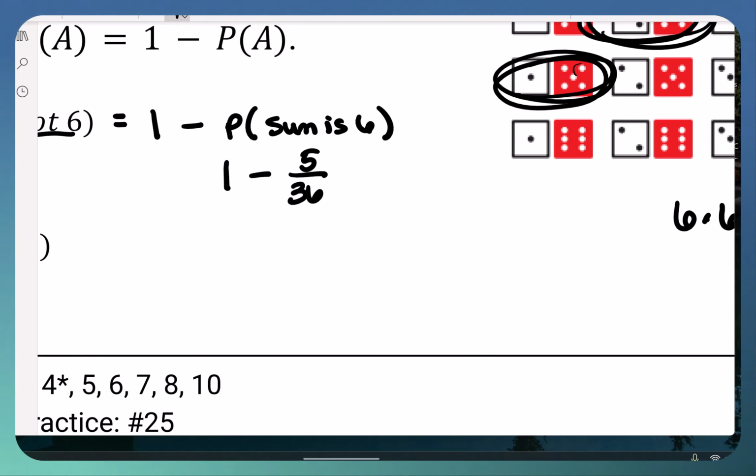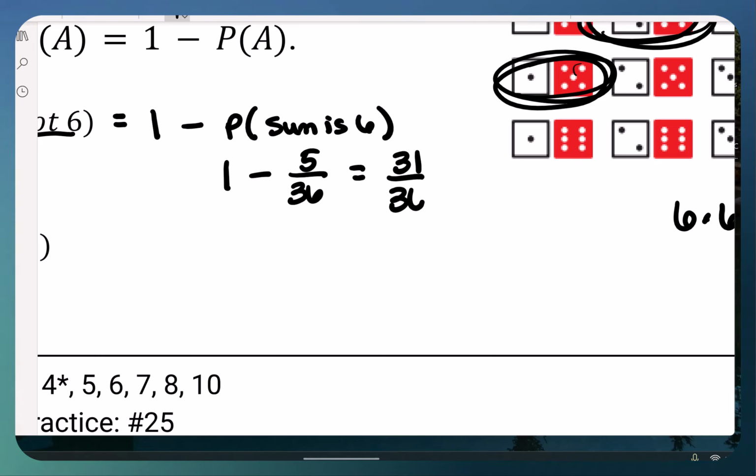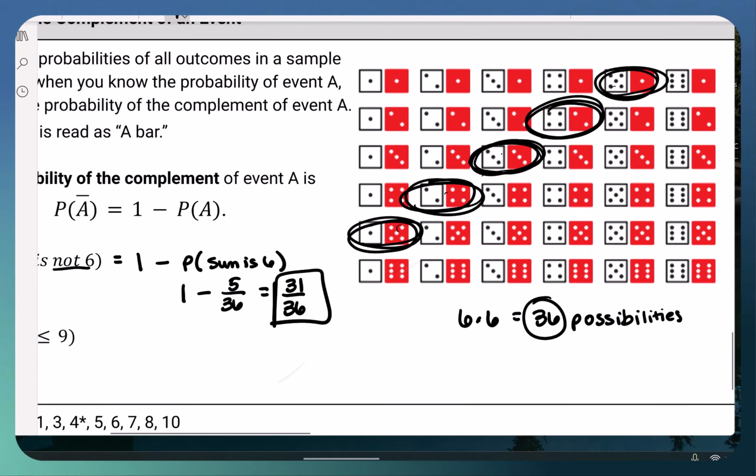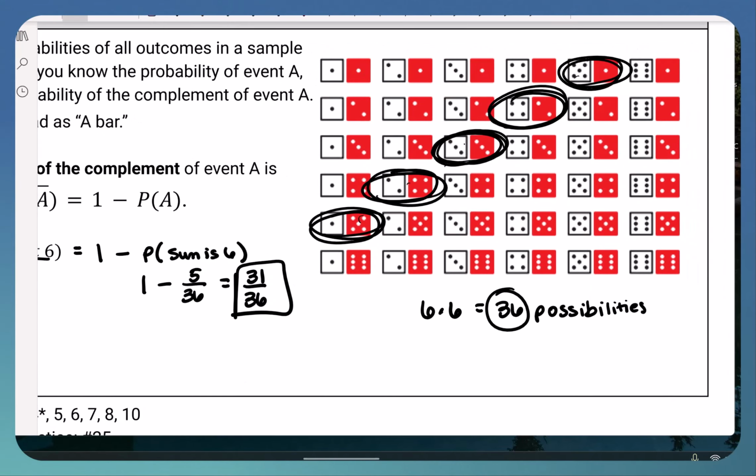So what's 1 minus that? So if 5 add up to be 6, then how many don't? 31 out of 36. The probability is going to be 31 out of 36. So instead of you counting 31 different pairs, you can use the complement and you can do the opposite.